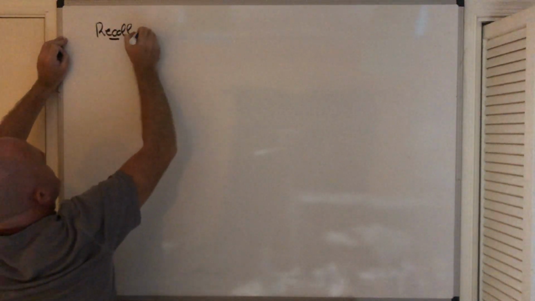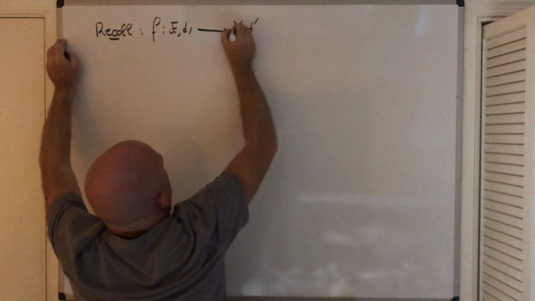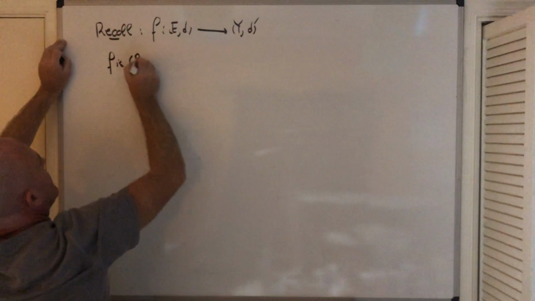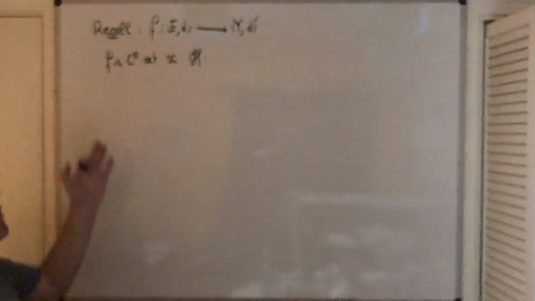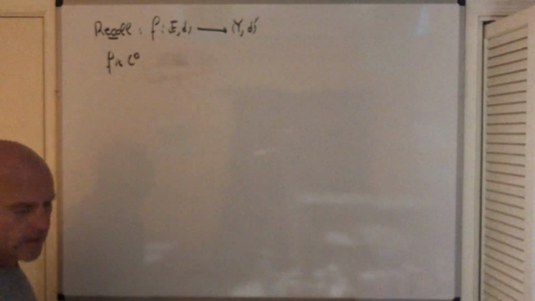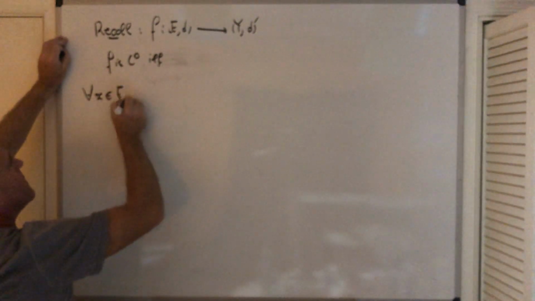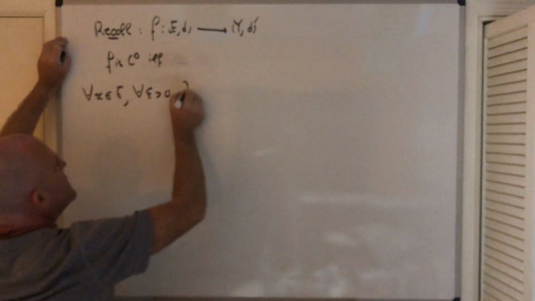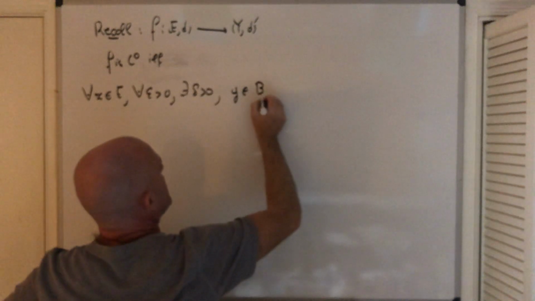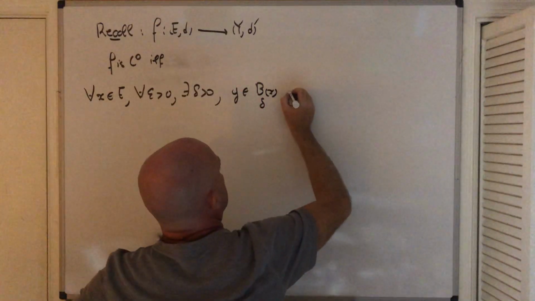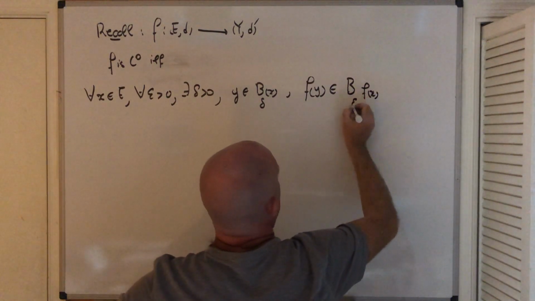Let's say we have a function f defined from a space E with a metric d to a space Y with a metric d prime, and we say that f is continuous everywhere if and only if for any x belonging to E, for any epsilon positive, there exists a delta positive, such that if y belongs to the ball centered at x and of radius delta, then f of y belongs to the ball centered at f of x and of radius epsilon.